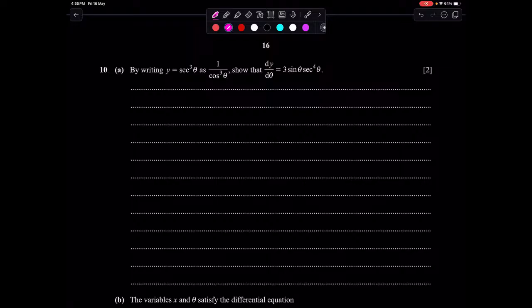By writing y is equal to sec cube theta, show that dy upon d theta is this.